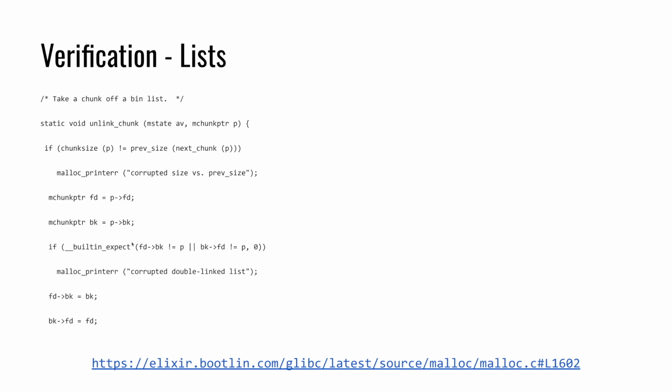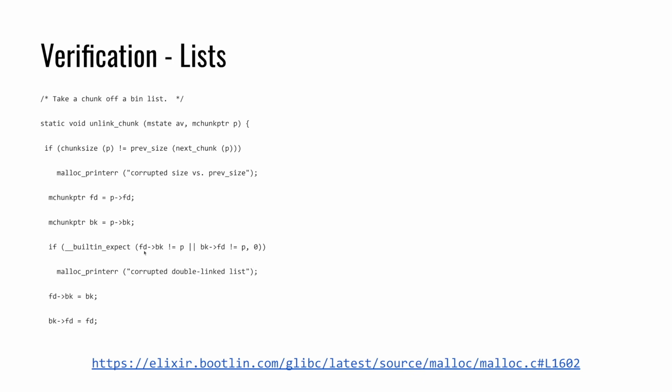This second check, this validation step, is about the doubly linked list. Does the back pointer of my forward pointer equal me? And does the forward pointer of my back pointer equal me? I know that sounds like something you wouldn't be able to satisfy. But what is it really asking for?